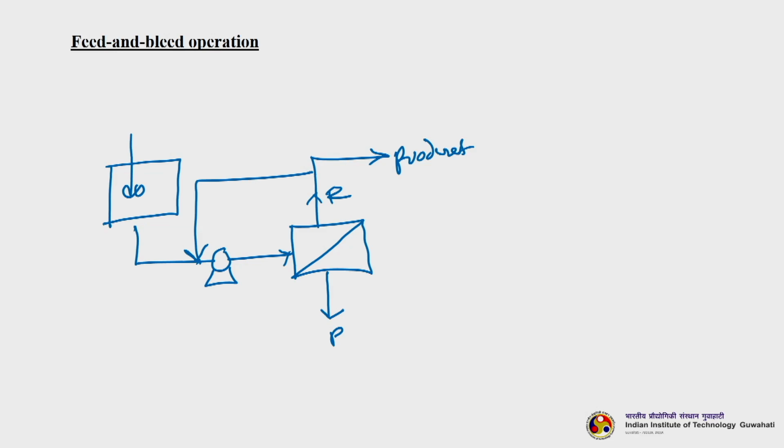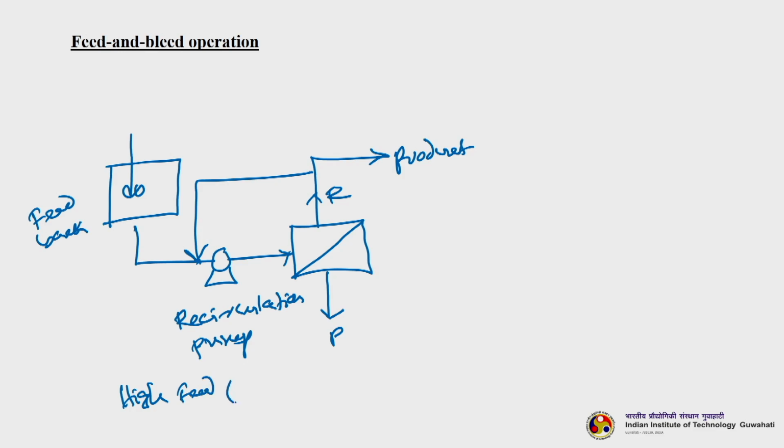You are seeing what? This is the retentate. Okay. So, this is called recirculation pump. So, what is happening here actually? High fluid solution velocity. Okay, we can maintain high feed flow rate basically.